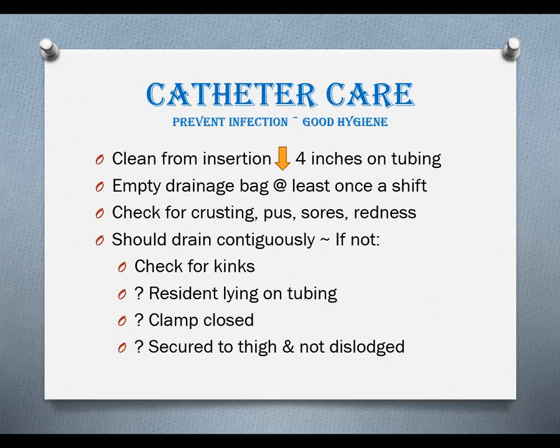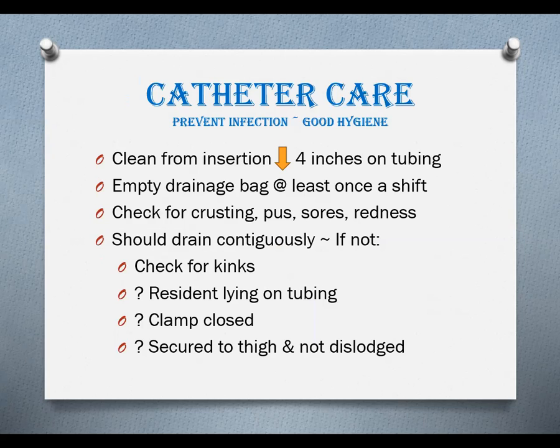So if it's not draining, if for some reason you go to see the patient or visit with the resident and you notice that there's no urine in the bag, then something is wrong. So you should check for any kinks, because maybe the tubing might be kinked. The resident may be laying on the tubing. Otherwise, is the clamp closed?